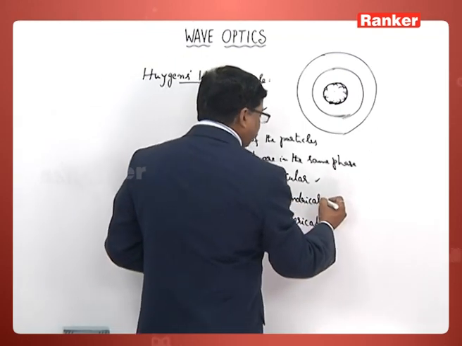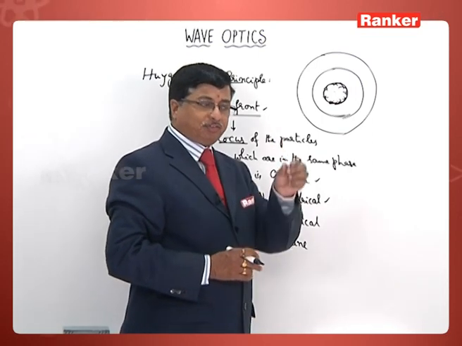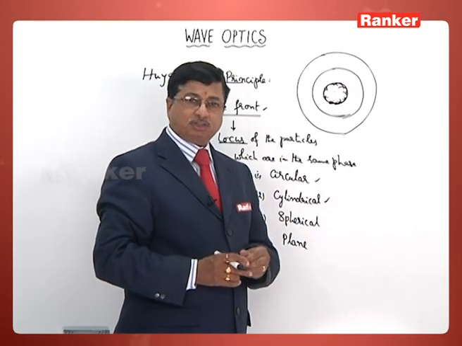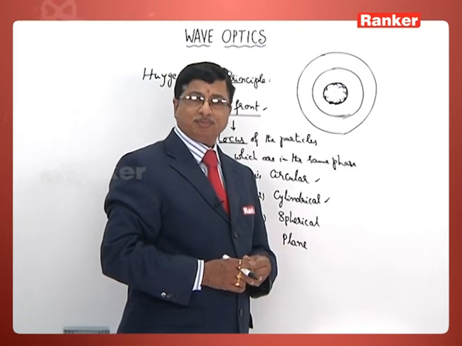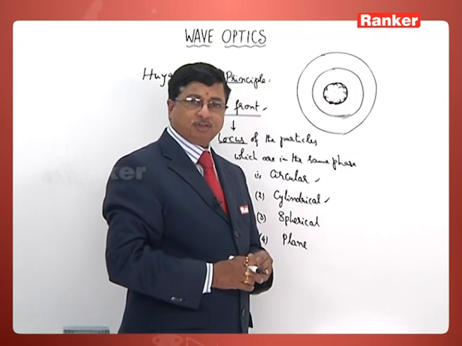Now the second one: a cylindrical or straight object like a tube light gives us cylindrical wavefronts.